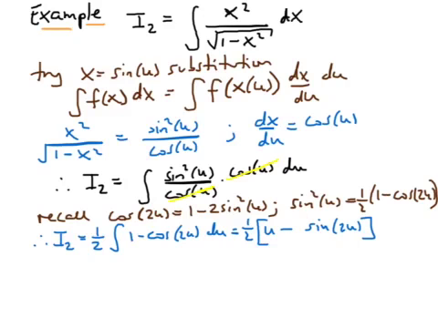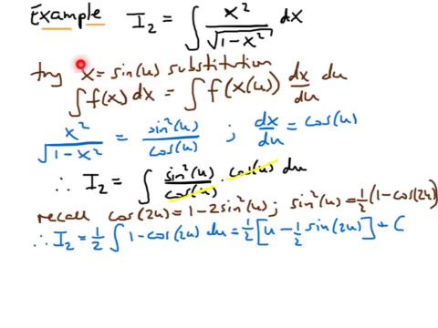We don't want the 2 here, so let's divide by a half. So this is the result for the integral of this. So that's our answer, plus, let's say, an integration constant. And now what we want to do is to rewrite all of this in terms of our initial variable x.